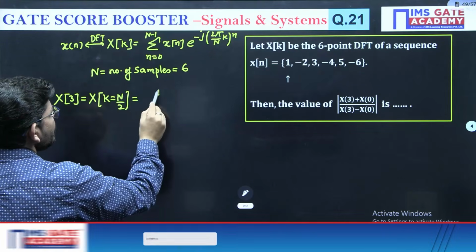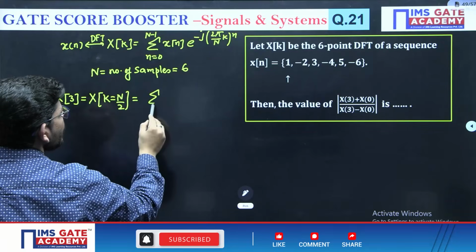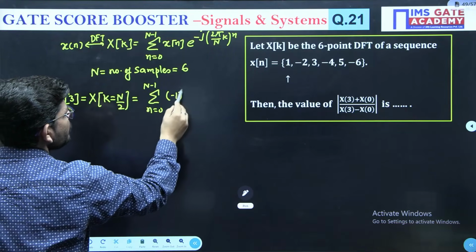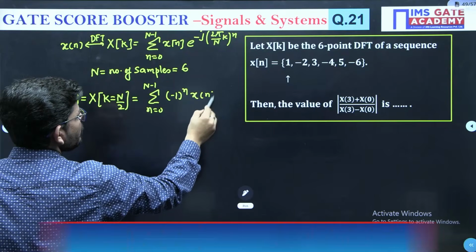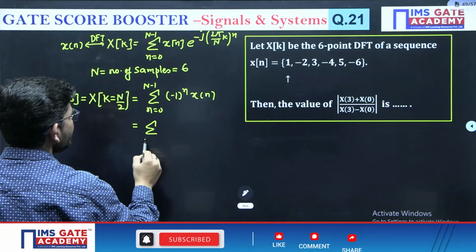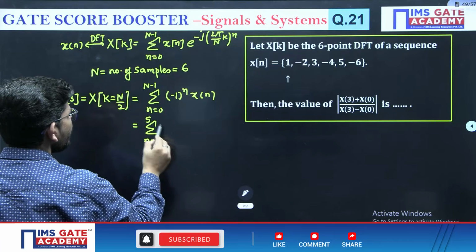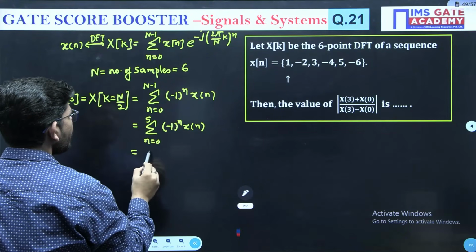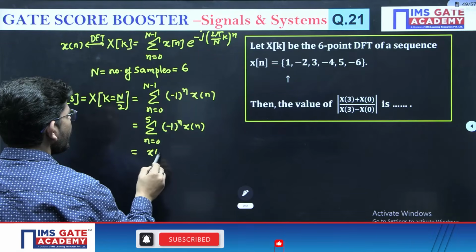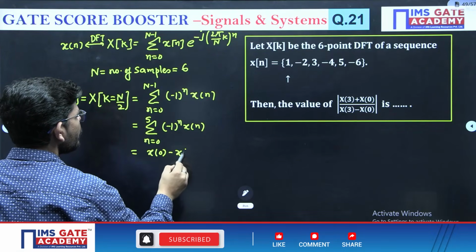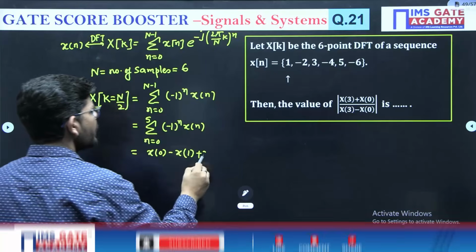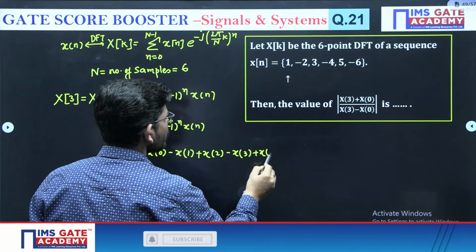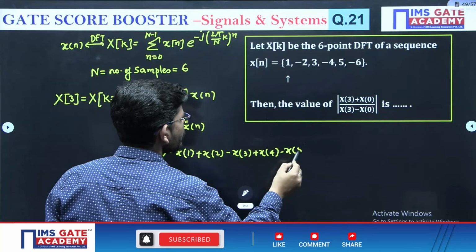If it is like this, then this will become the summation n equal to 0 to N minus 1 of minus 1 to the power n x of n, or in our case n equal to 0 to 5: x of 0 minus x of 1, plus x of 2, minus x of 3, plus x of 4, minus x of 5.